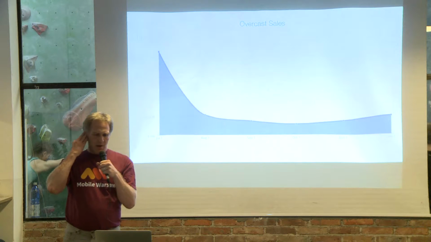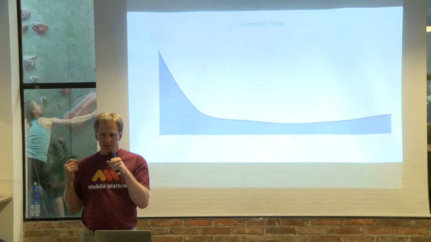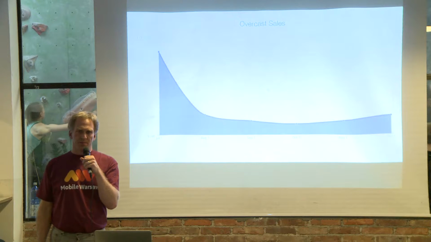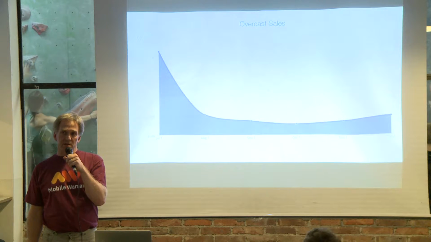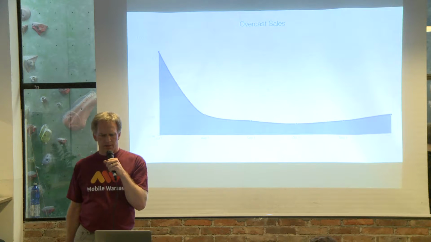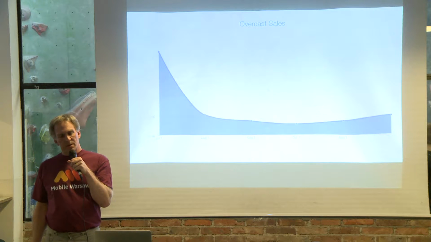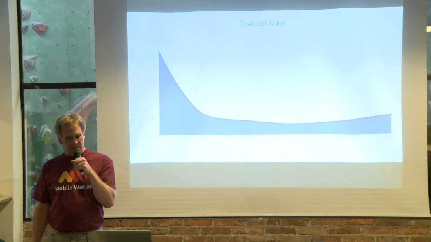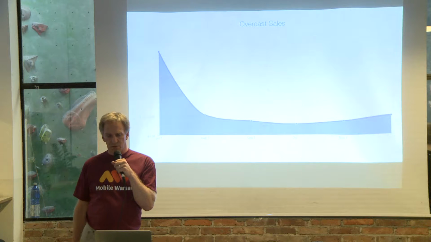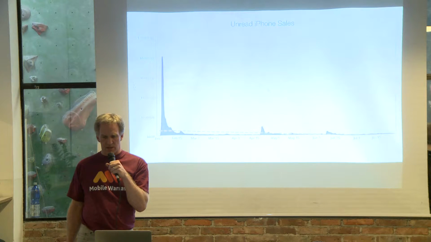Let's take a look at a couple of graphs to get an idea about it. This one is a graph published by Marco Arment. It's based on the sales of Overcast over, I think, about a 6-month period. I have three graphs that I want to show you, and then I'll talk a little bit more about them. So this is Overcast, the sales of that.